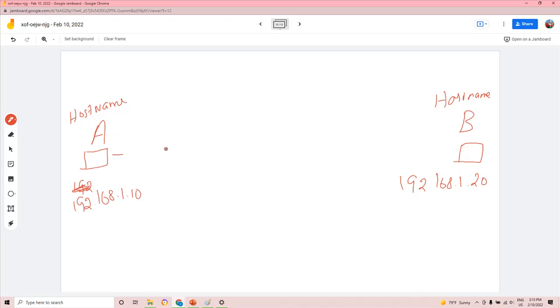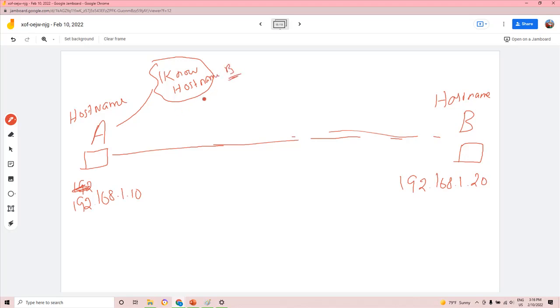Now this system wants to send a message. Okay, I know host name B, but don't know its IP. So A knows the host name, another computer name it knows, but it doesn't know the IP address. So it needs the IP address to send.